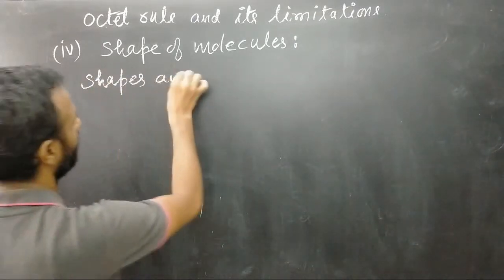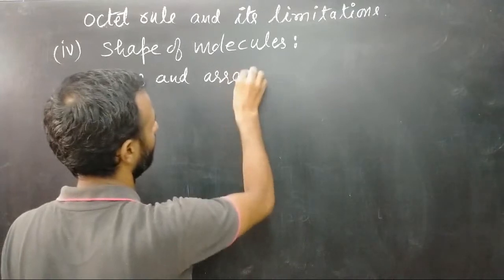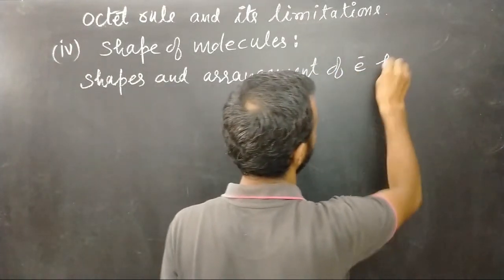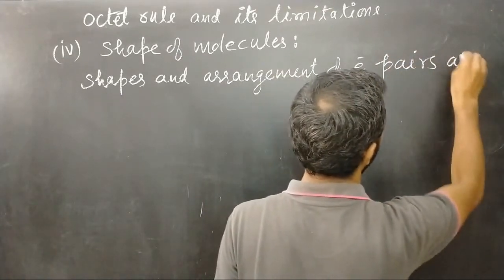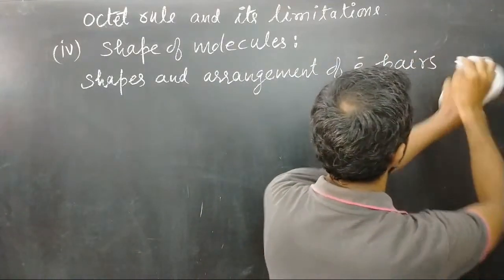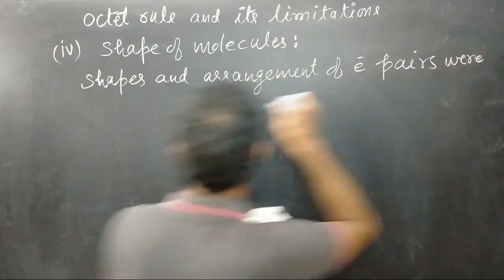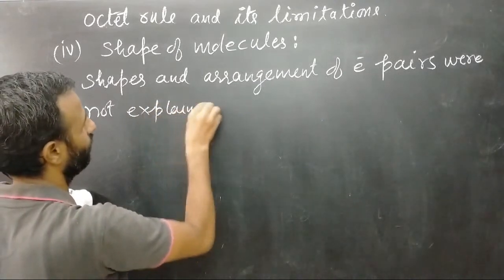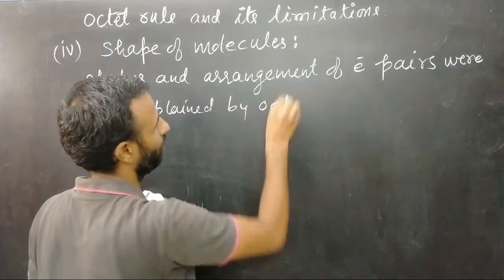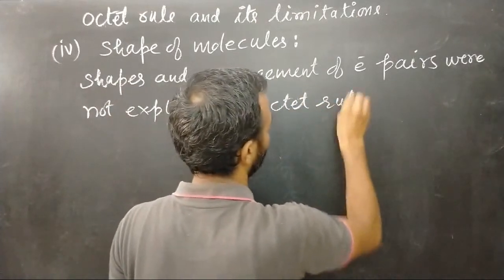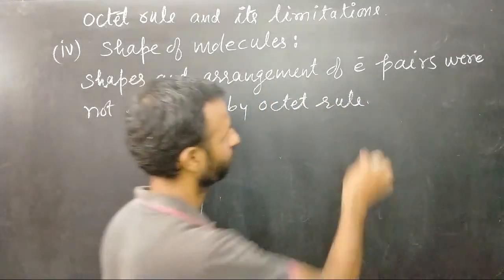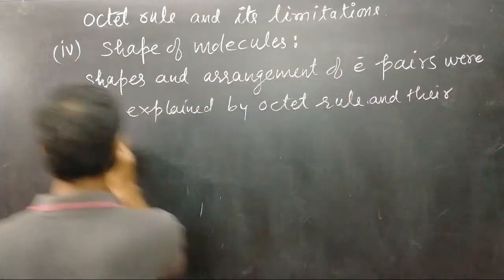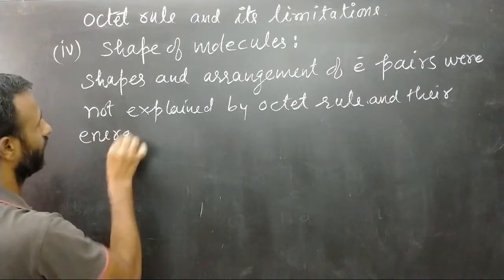The shapes and arrangement of electron pairs were not explained by the octet rule, and even their energies as well.